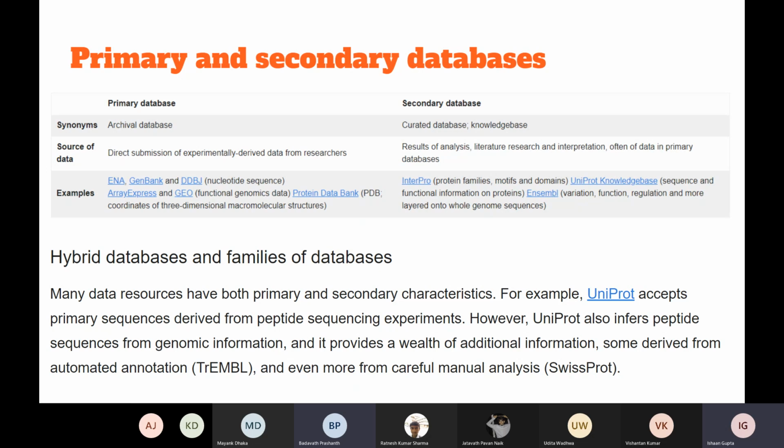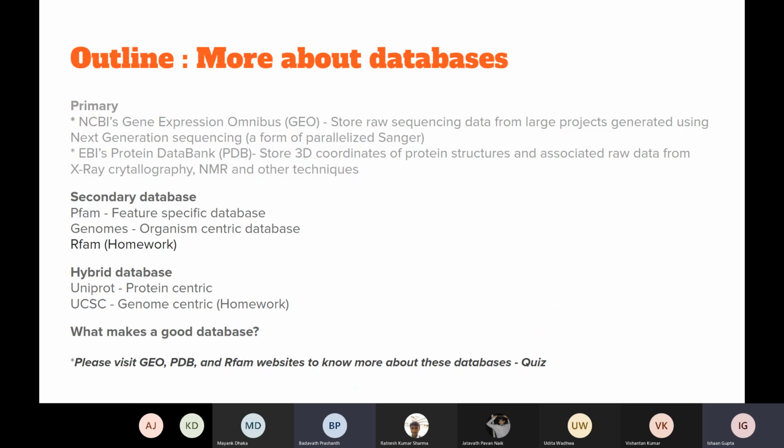And nowadays, because Google has released its protein sequence to protein structure software called DeepMind, Google has collaborated with UniProt, and now from the sequence, you can also get a structure of the protein. So basically, you submitted your original peptide or DNA sequence, but this database, because of the tools which are available, gives all this meta information as well. So it's almost like a hybrid version of the database.